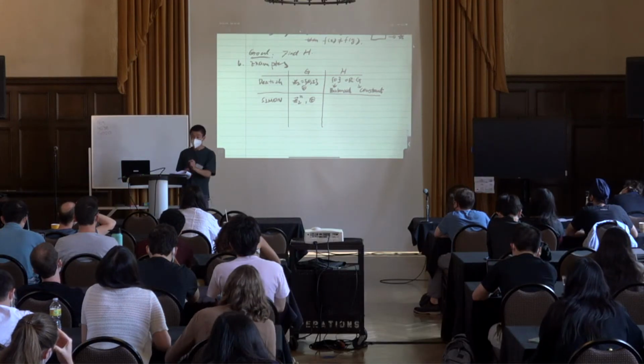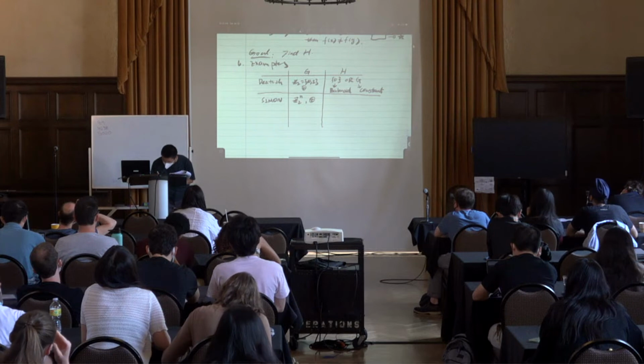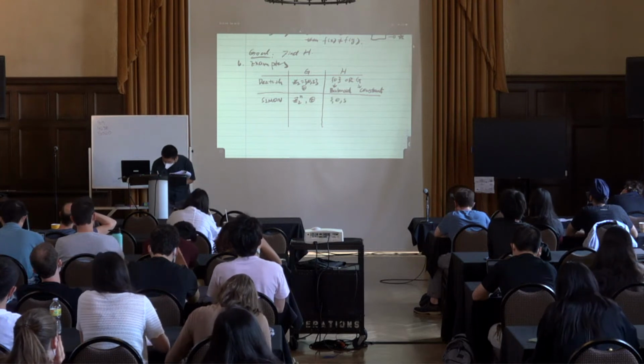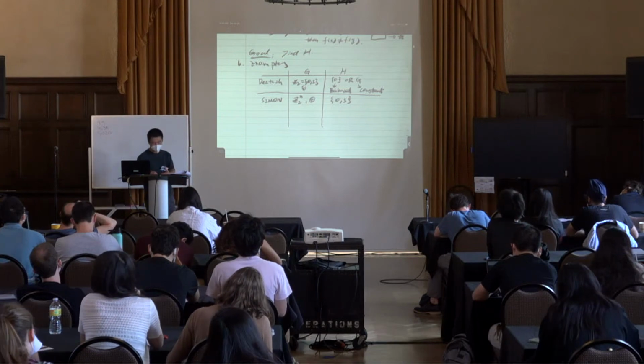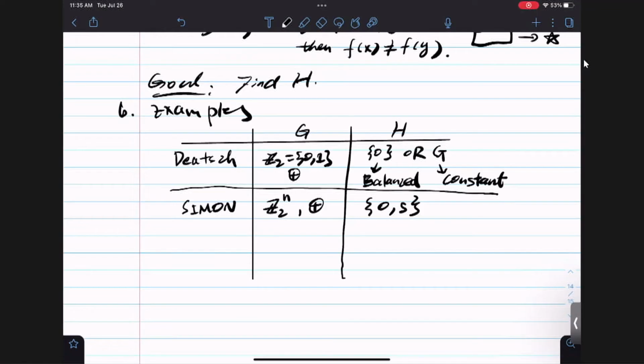It's 0 and S, exactly. Right? And then we can have all the cosets, which are shifts of 0 and S by another string. For each coset, the function values are the same, and they have distinct values across different cosets. So we can see Simon's problem is also a special case.